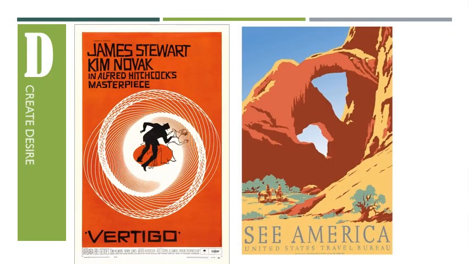All right, so the D, we're going to create desire. That's going to be different depending on what the purpose of your poster is, but basically your poster should make your viewer want something or do something, whether it's to buy a product, to go to a show, to take action, to support a politician, whatever you're looking to have somebody do.